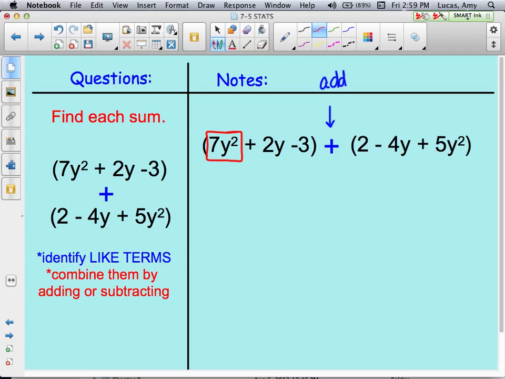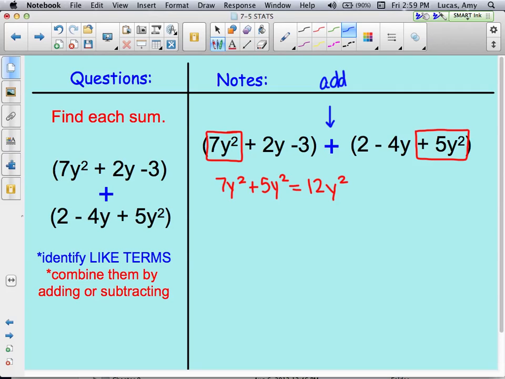And then in the second polynomial, I see plus 5y squared. So when we're adding together 7y squared plus 5y squared, remember all that we do is we add the coefficient numbers in front. So 7y squared plus 5y squared equals 12y squared for our first term.